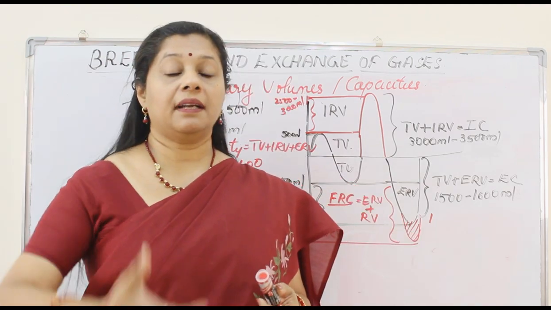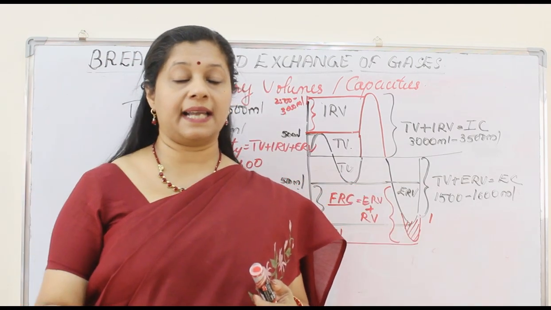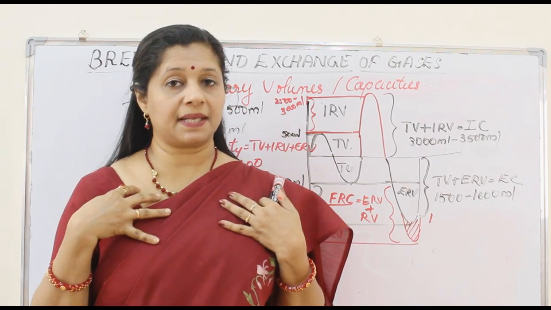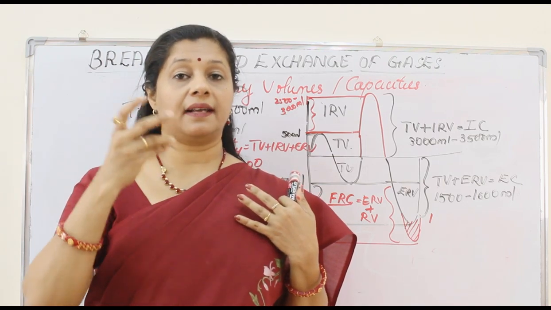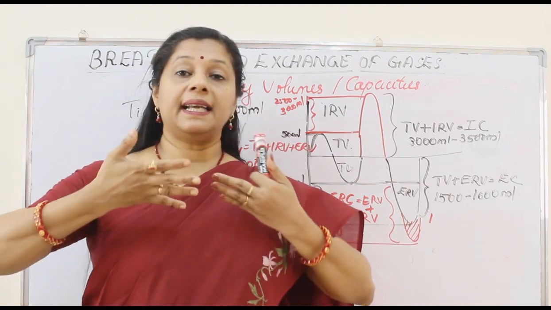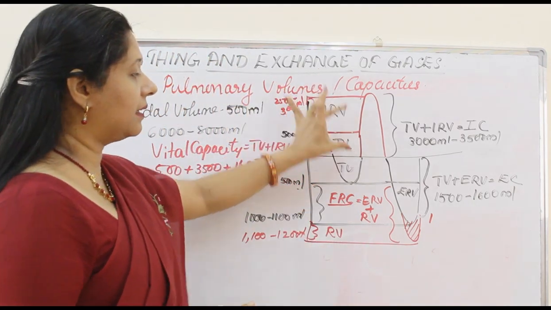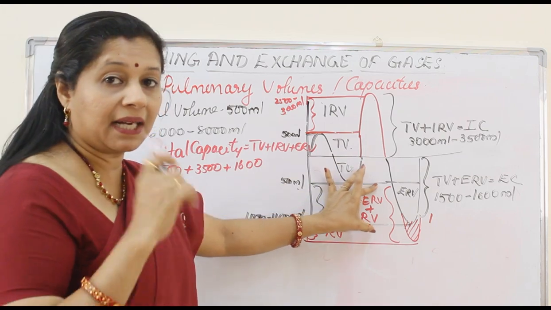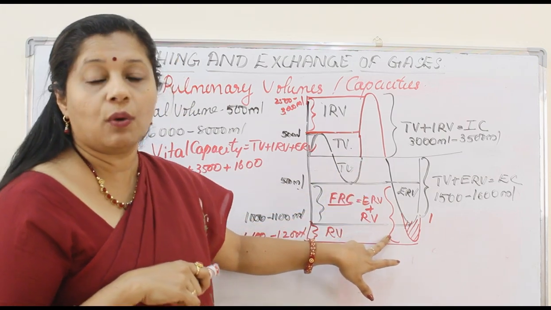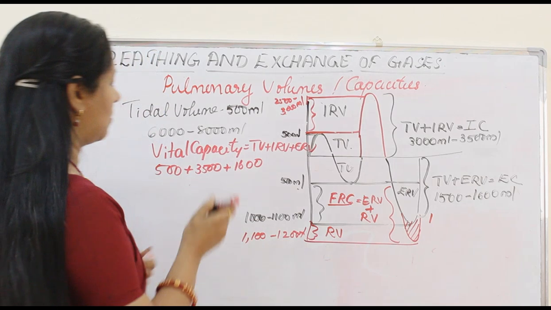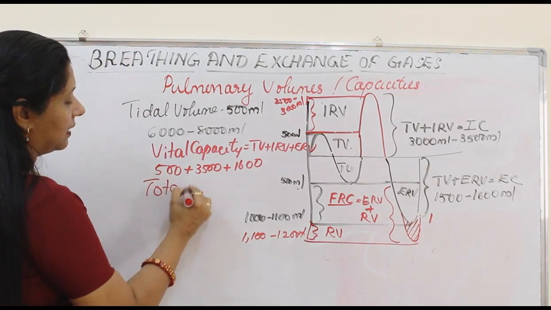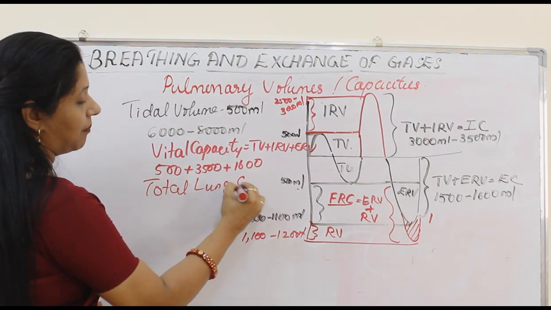So what I am taking in forcefully after a forceful exhalation, together, is called my vital capacity. That includes TV, IRV and ERV. But once I take this vital capacity inside, what is there now? IRV is there, TV is there, ERV is there, but in my lungs there was already the residual volume. So everything together is called the total lung capacity.